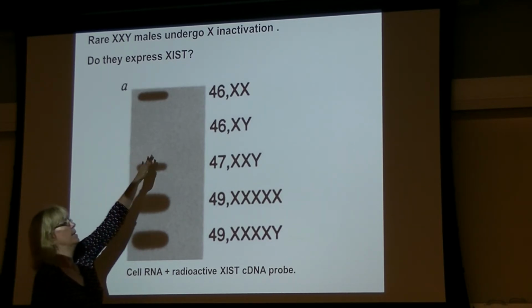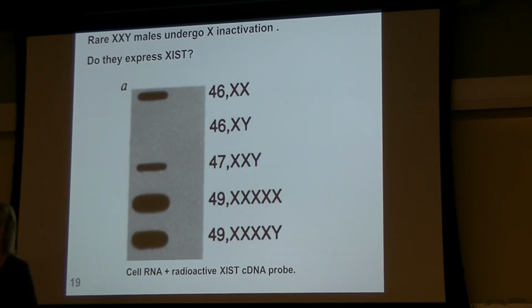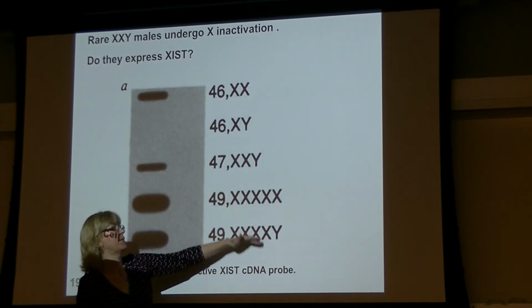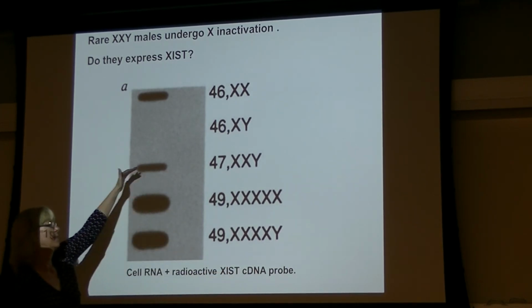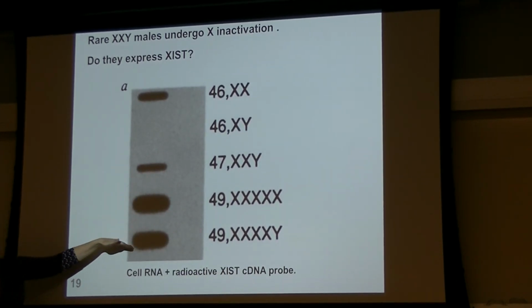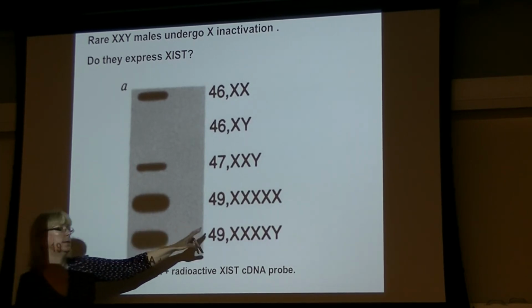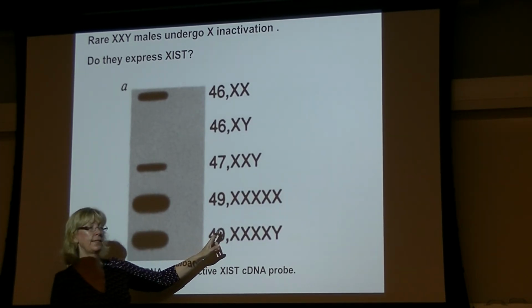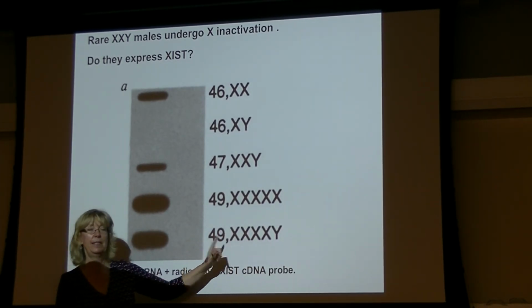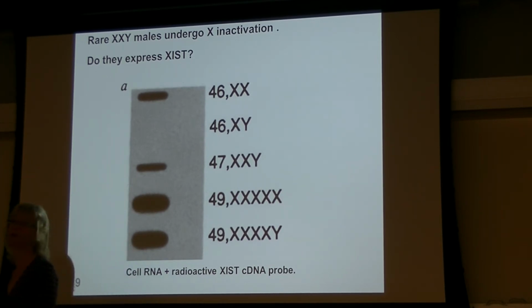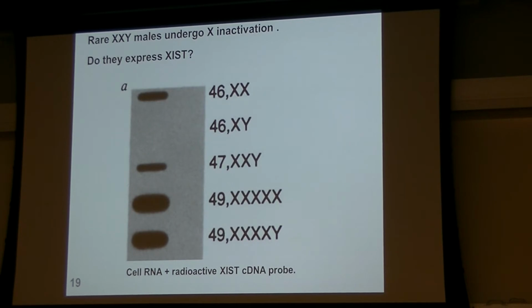Males are not transcribing any exist because they're not doing any X inactivation, so not present. And then here we have these males with multiple X chromosomes, and yes, there's plenty of evidence that they are transcribing exist, and they're going to shut down, in fact, all of the X's except for one, in the case for these multi-X genotypes. So that will bring them back to an XY situation.